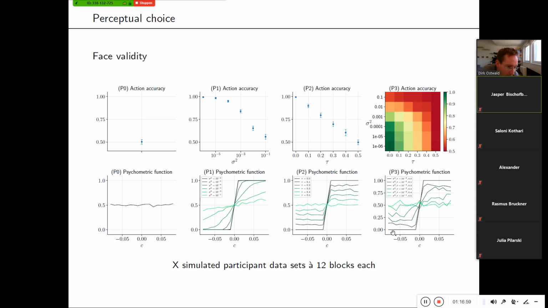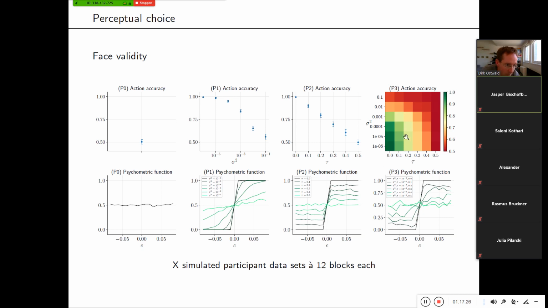What I'm trying to do here is to go through parameter space along this diagonal, because here, of course, you would have many more psychometric functions that one could potentially plot. The black line is here, tau 0 and sigma squared 10 to the power of -6.